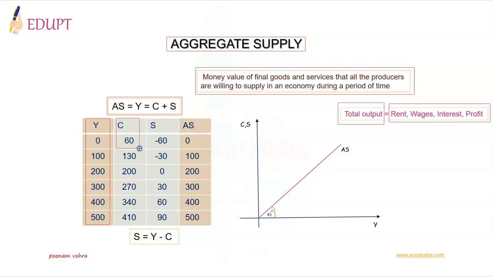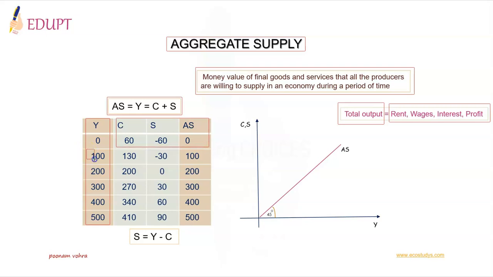This has been already understood earlier that autonomous consumption takes place when income is 0. So savings are then negative because such consumption comes from the past savings. So savings get reduced by the same amount. Aggregate supply is C plus S, which is 0 in this case.